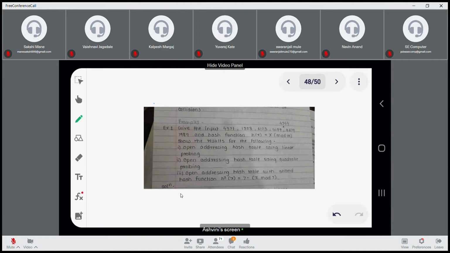Okay. I have already given the statement. Explain the linear probing with and without replacement using the data.